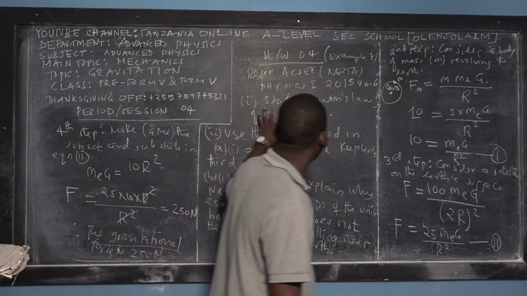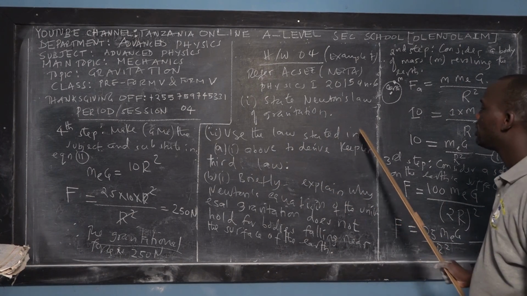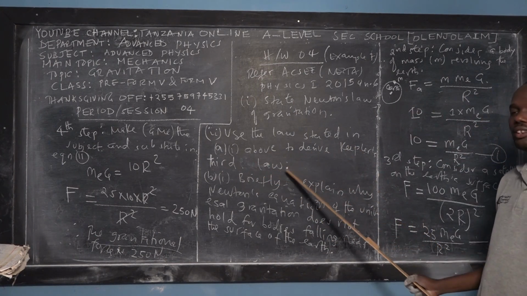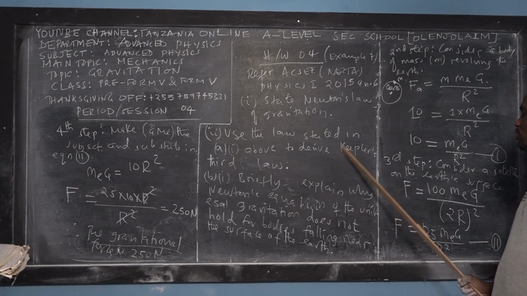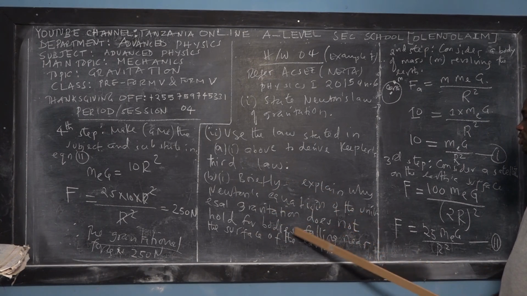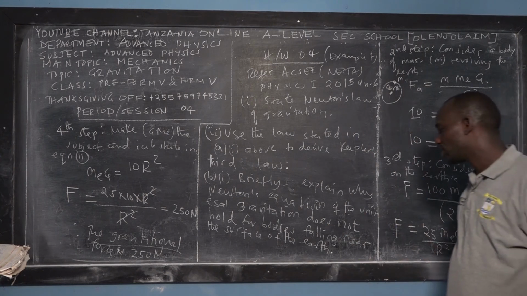So the homework states Newton's law of gravitation. There are some marks, mostly it might be 1 or 1.5. Then you use the law stated in A above to derive Kepler's third law. See the tricks that the various questions ask. Briefly explain why Newton's equation of universal gravitation does not hold for the bodies falling near to the surface of the earth.